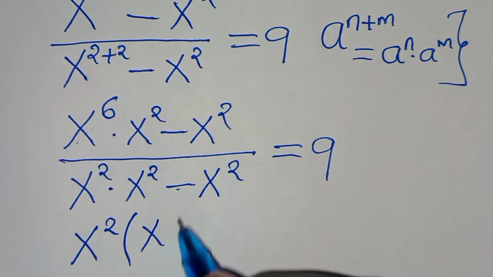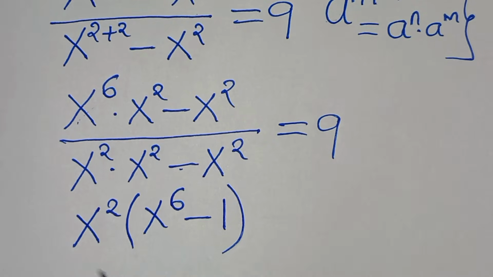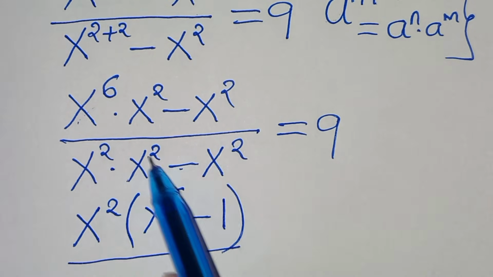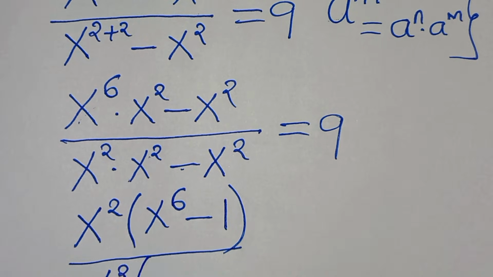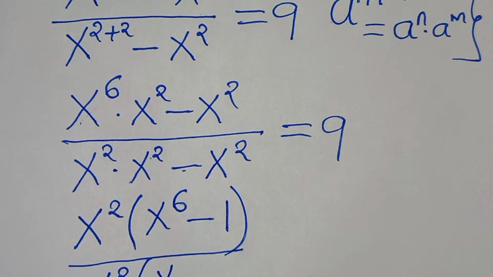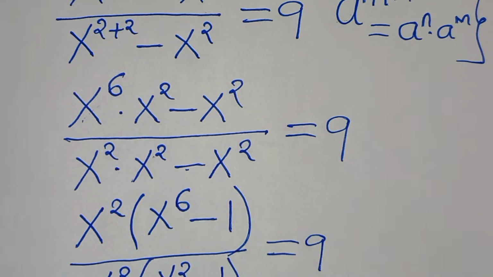This is x^6 - 1 in the numerator, and in the denominator x^2 is common, so we factor out x^2. This is x^2 - 1. This is equal to 9.